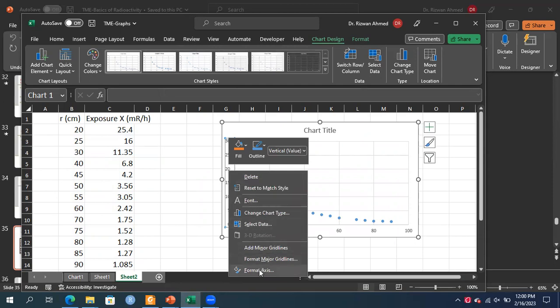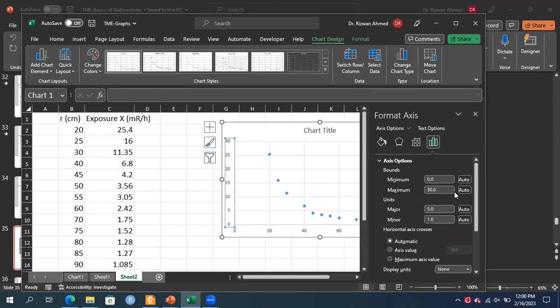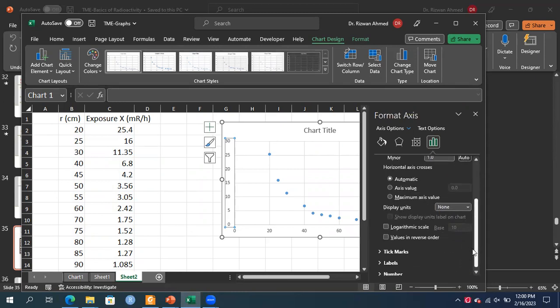So I do the formatting of this axis. The option is available, and here is the option: logarithmic scale. There is another option that you can plot the values in reverse order. So there are several options to play with the graphs.